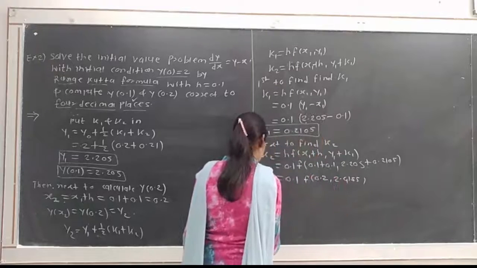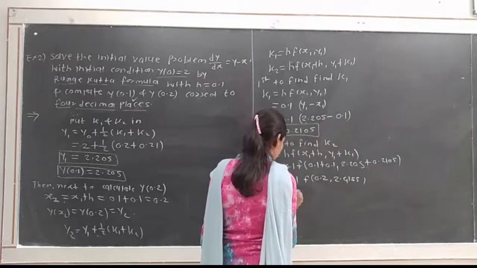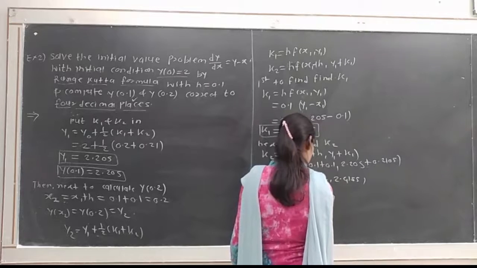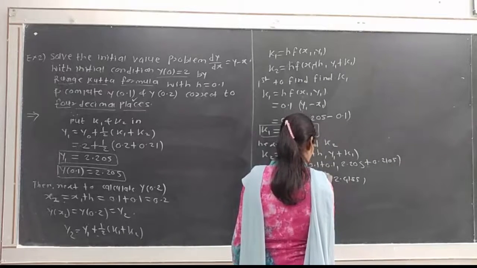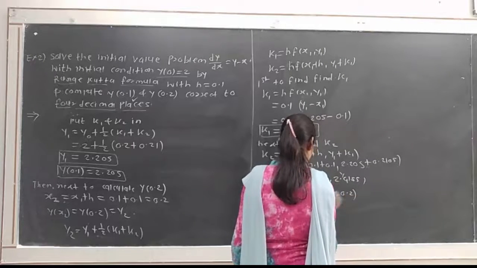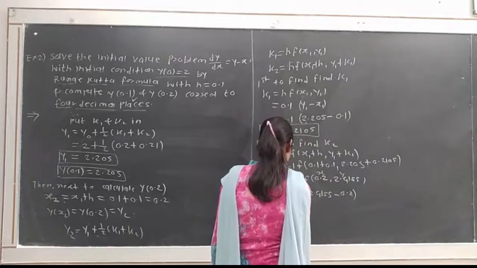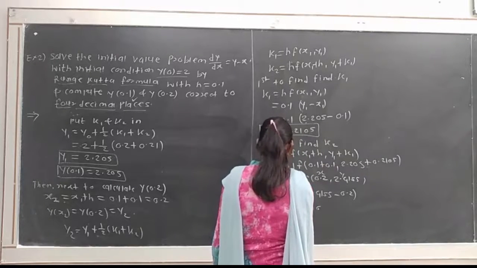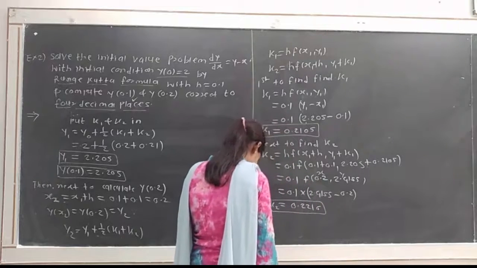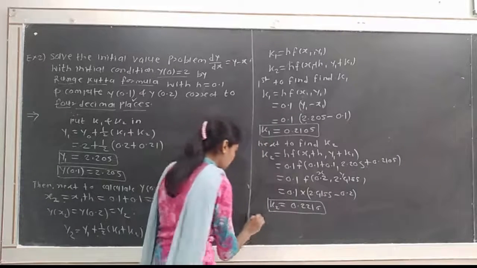And k2 is equal to 0.1 into the function y minus x, so 2.4155 minus 0.2, that is y minus x. So we get k2 as 0.2216 after this calculation.